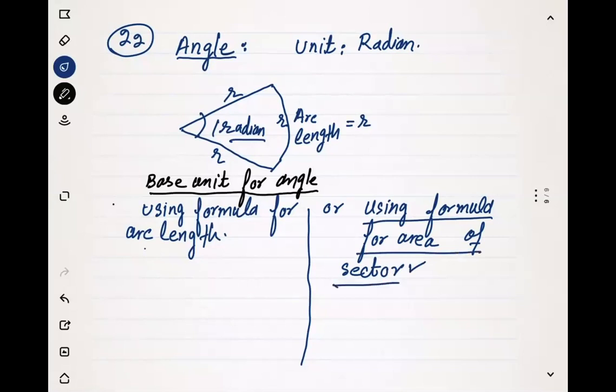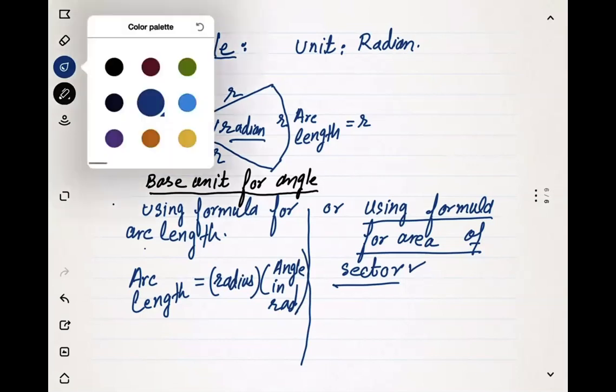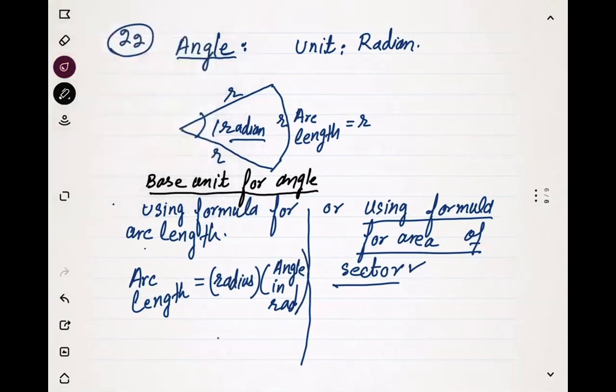The formula for arc length is given as radius times angle in radians.